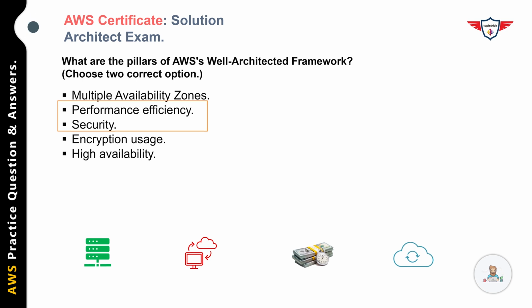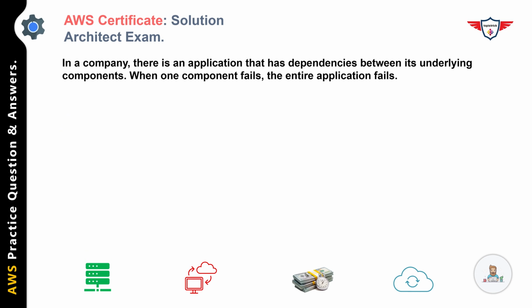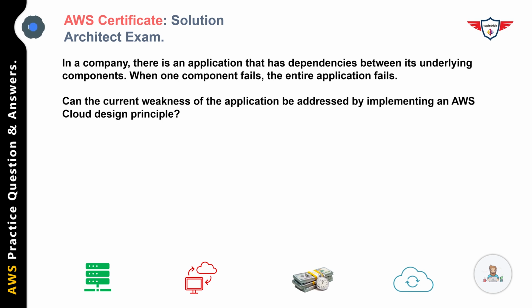In a company, there is an application that has dependencies between its underlying components. When one component fails, the entire application fails. Can the current weakness of the application be addressed by implementing an AWS Cloud design principle?